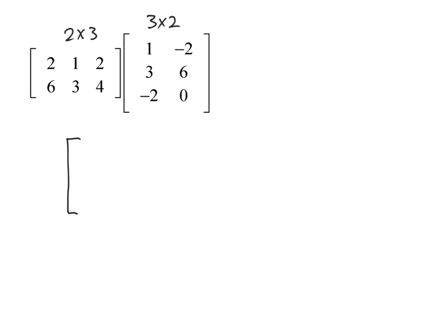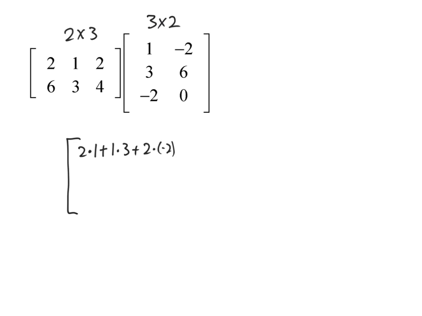So this is going to be 2 multiplied by 1, and I'm going to write it all out, and then I add it to 1 multiplied by 3. So notice I'm going this way. 1 multiplied by 3. And then I'm going to add that to 2 multiplied by negative 2. And that is the first row, first column of my new matrix.